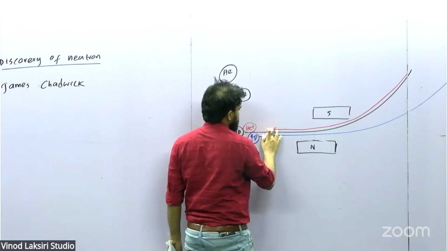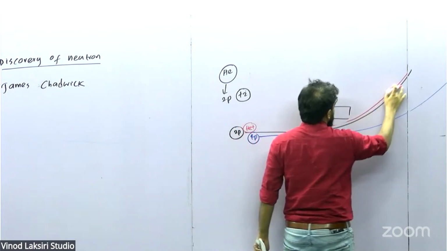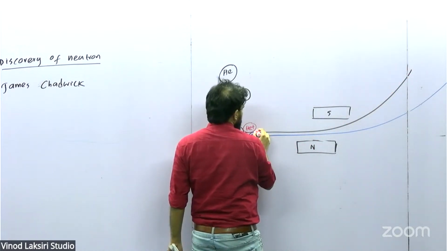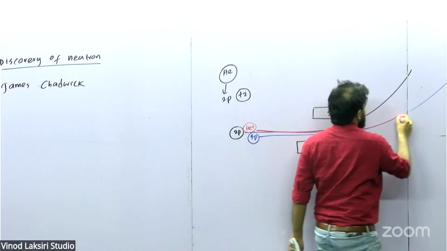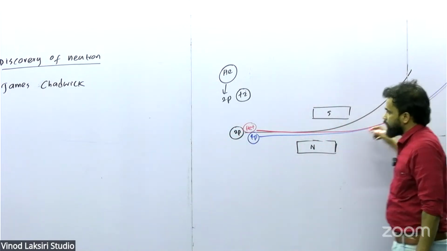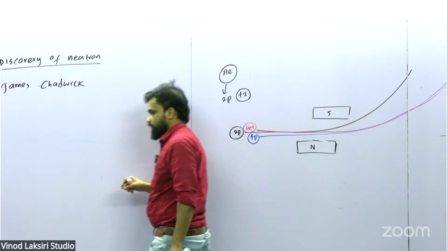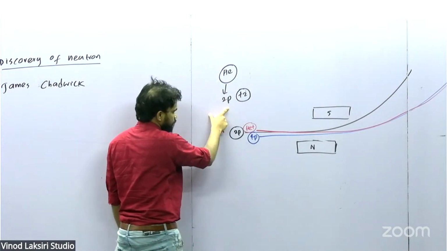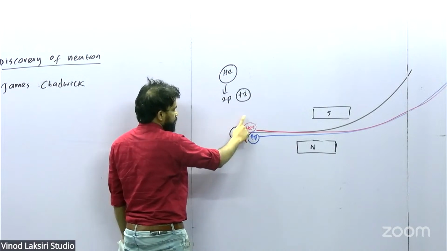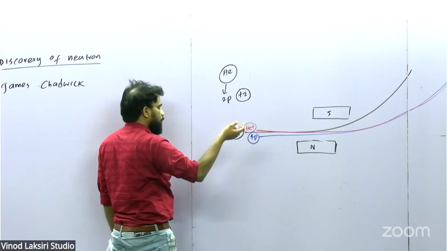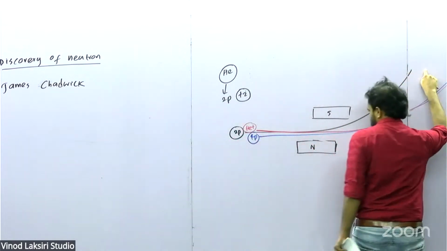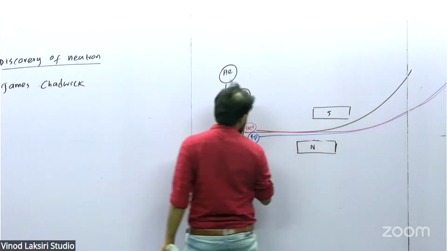But the observation is different. They observe that the path of helium is the same as the path of a particle having four protons. Do you understand? The experiment determined helium contains two protons. Therefore, they expect the path of helium plus particle should be the same as this path, but the observation was different.